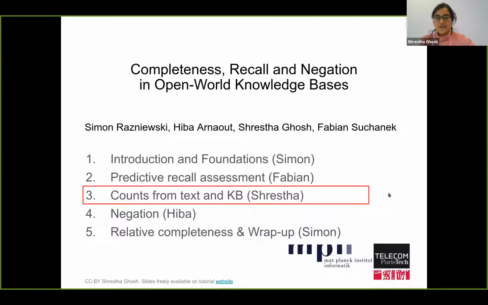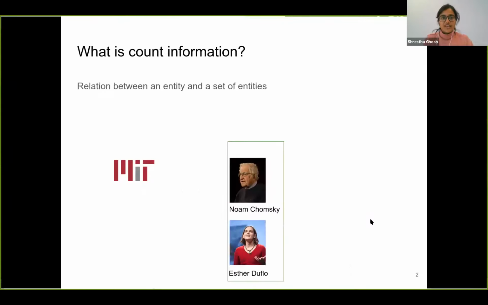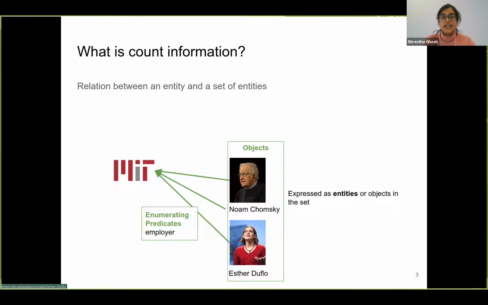So this part of the tutorial deals with getting counts from text and KB. So before we move ahead, what exactly is count information? It can be defined as a relation between an entity and a set of entities, which is represented either as enumerations via relations like employer.